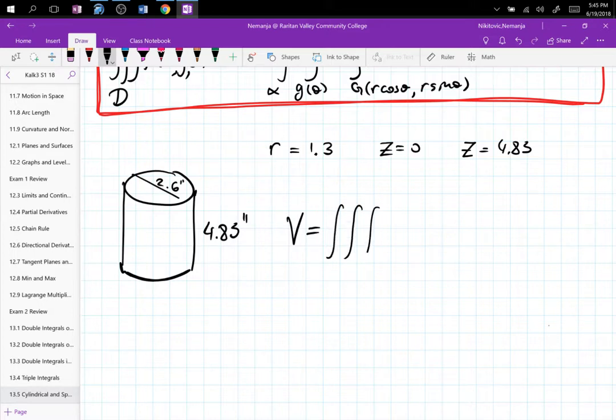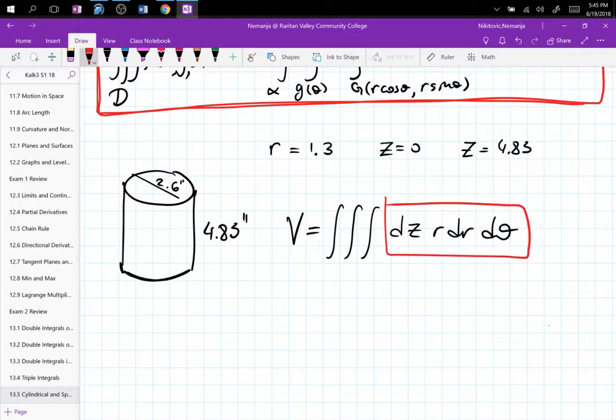I'm using a triple integral, and since I'm using a triple integral, I'm not going to use any function in here because that will make it 4D. So I'm only going to use the string, which is always standard: dz, r dr, d theta. You need to remember this as a unit.